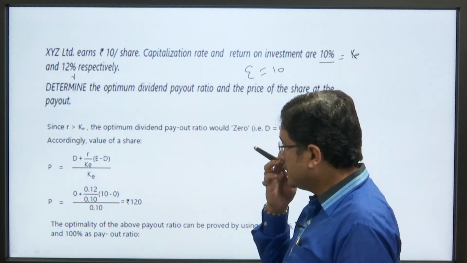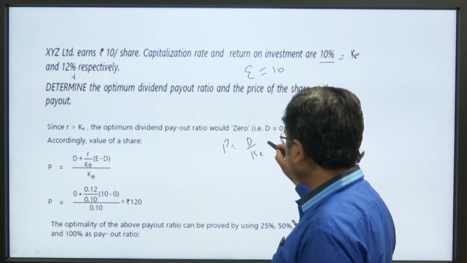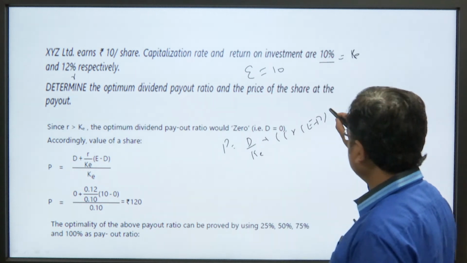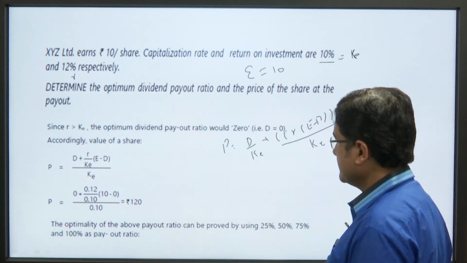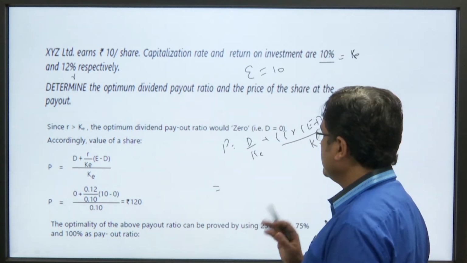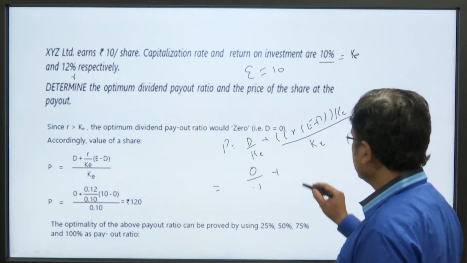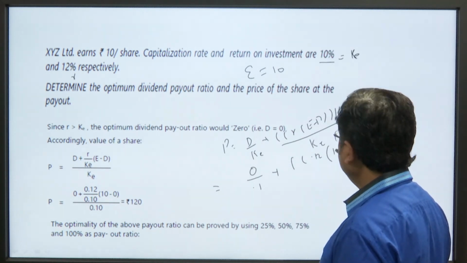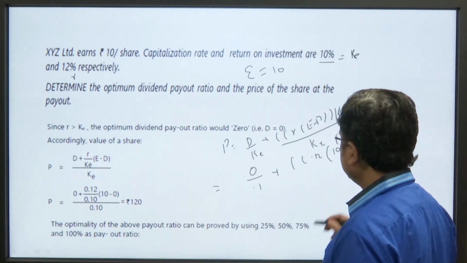So, what do we do? This is the formula: P equals D divided by K, plus R times E minus D divided by K, whole divided by K. Here dividend is not given, so D equals 0, K is 0.1, R is 0.12, E is 10 rupees.